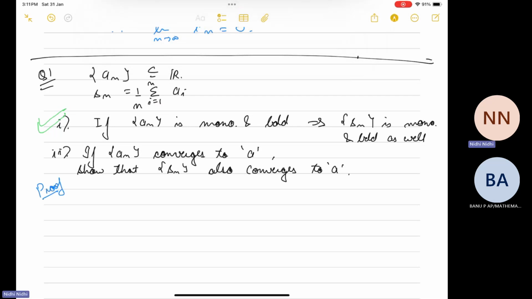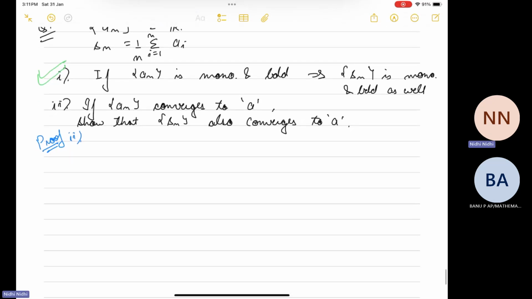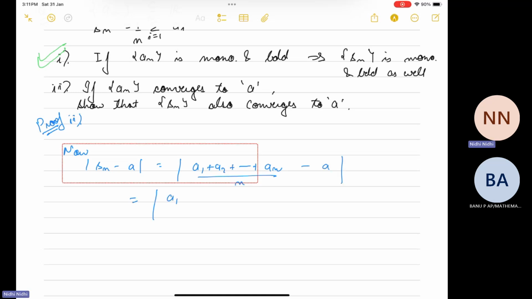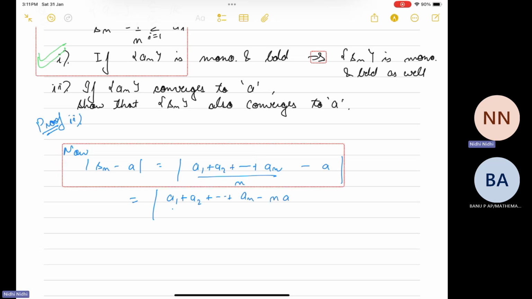Proof of the second part. So let's see how Sn minus a looks like. Now mod Sn minus a, by definition of the sequence Sn, this is just mod of a1 plus a2 and so on up to an upon n minus a, which is mod of a1 plus a2 and so on up to an minus n times a upon n.